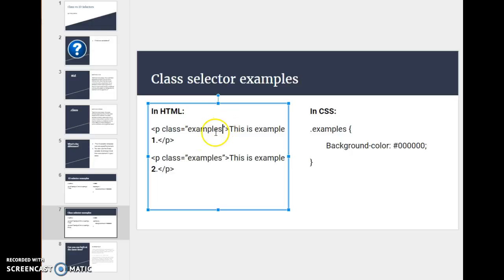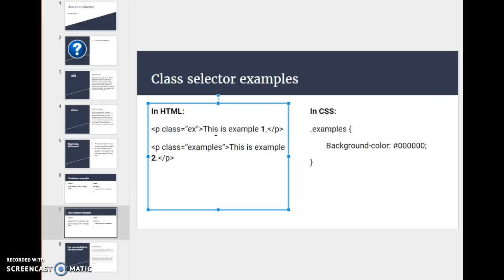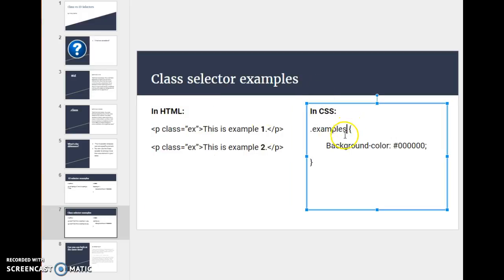So let's say you wanted to change this to just ex, for example. And this one would be changed as well to ex so that it's the same, because you want both of these paragraphs to have the same changes. And also right here, you would want this to be the same as what this says right here, because that's the name of that selector.